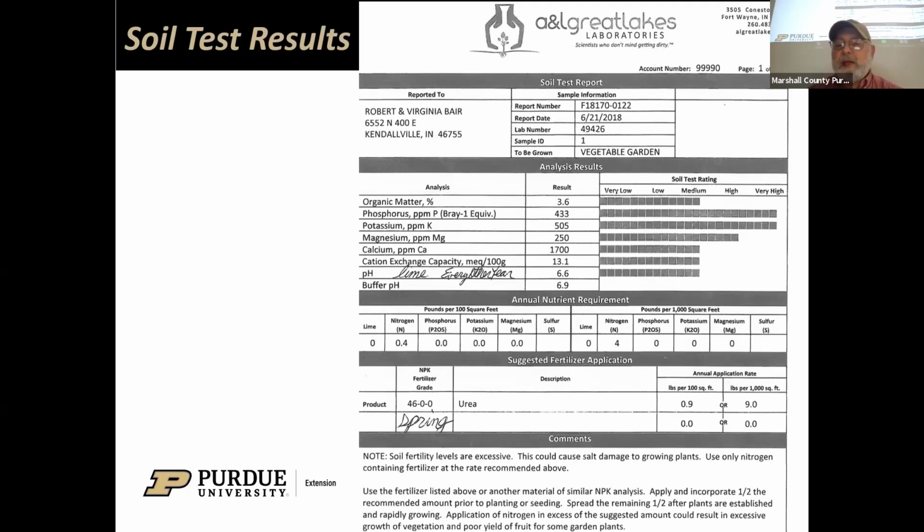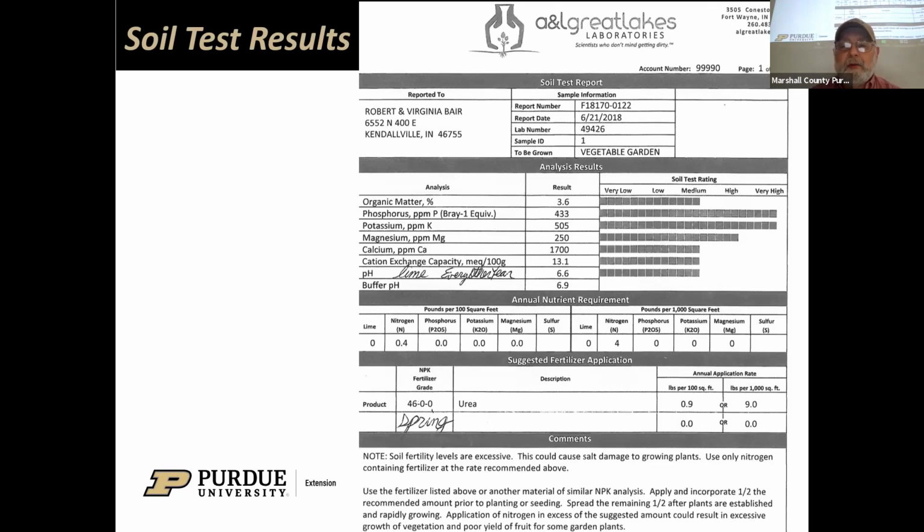When a soil says medium, that means there are adequate levels in the soil test to meet the plant needs, but due to the variability of the soil inherently, there may not actually be enough of that nutrient available throughout the whole region that you tested, because if it's medium, usually we get to medium by some areas being higher and some areas being a little bit lower.